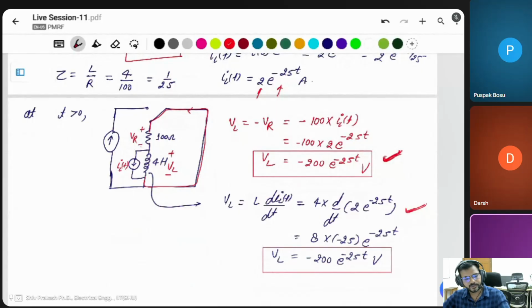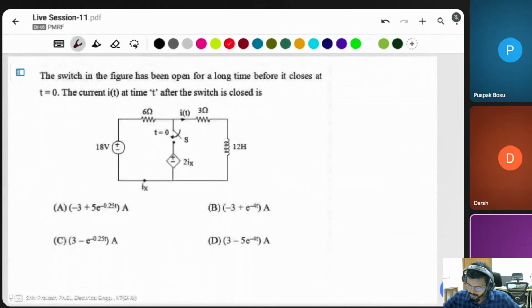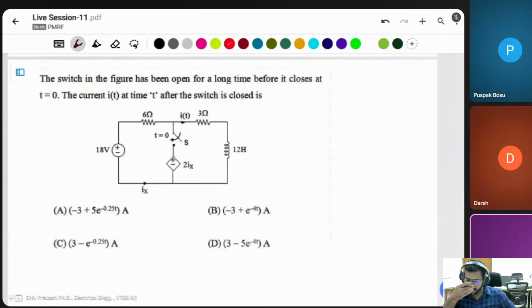Let's go for the next question. The switch in the figure has been open for a long time, and it closes at t equal to 0.